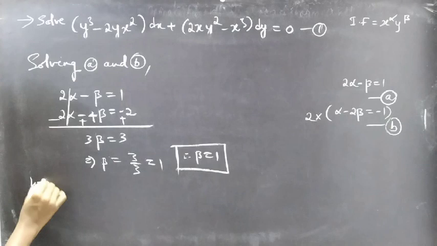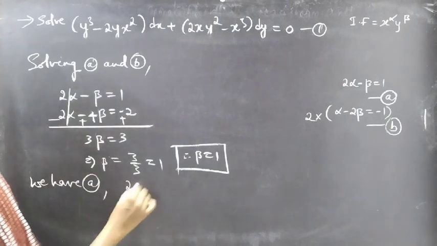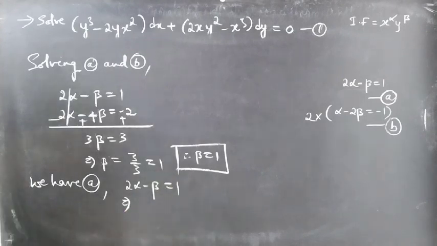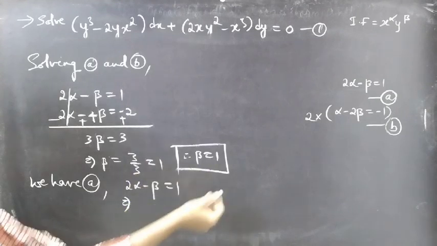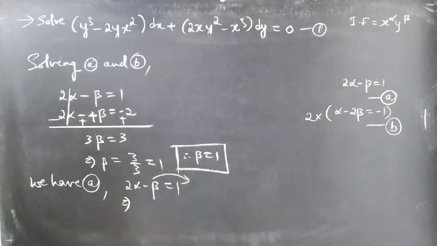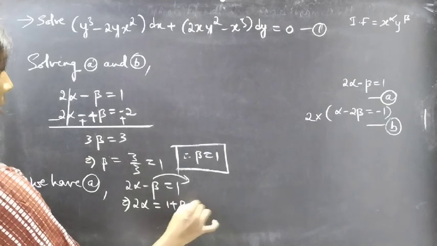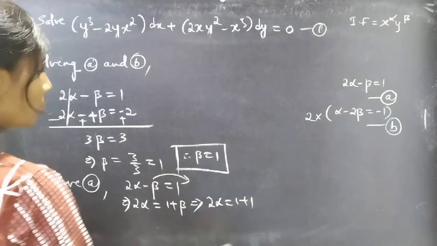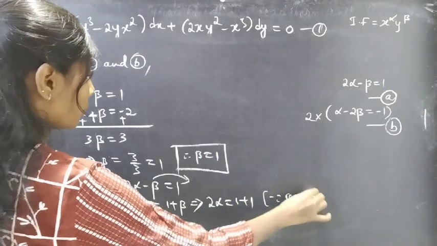We have equation A, which is 2α−β equal to 1. Now take β to the RHS, you'll get 2α equal to 1+β. Now you can replace β by 1 since β equal to 1, right?